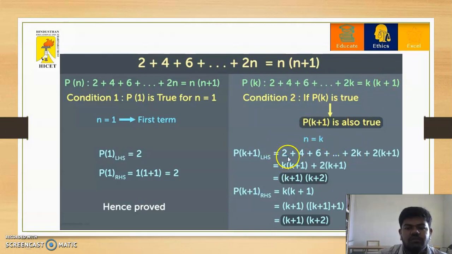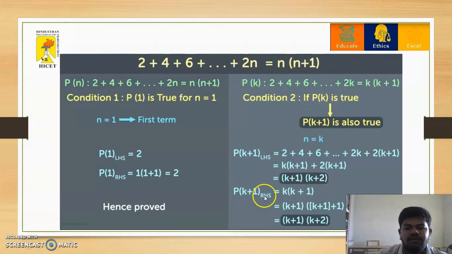Substituting, it becomes k into k plus 1 plus 2 into k plus 1. From these two terms, if we take k plus 1 common, we get k in the first term and plus 2 in the second term. So the left hand side value becomes k plus 1 into k plus 2.